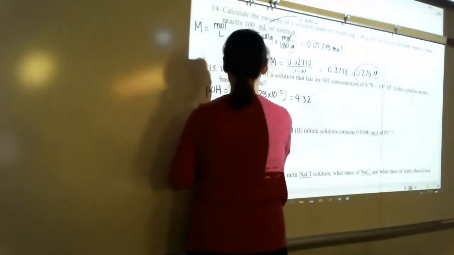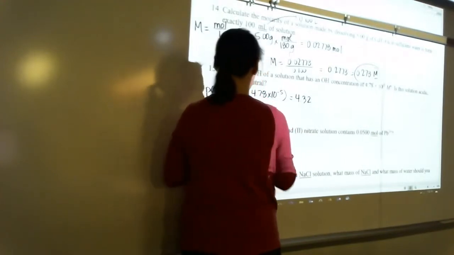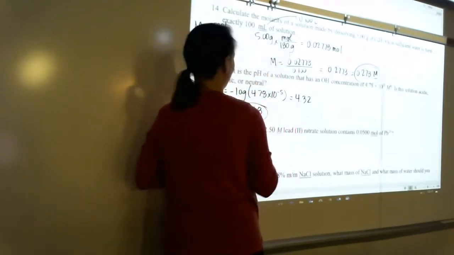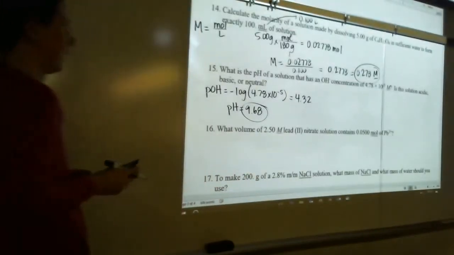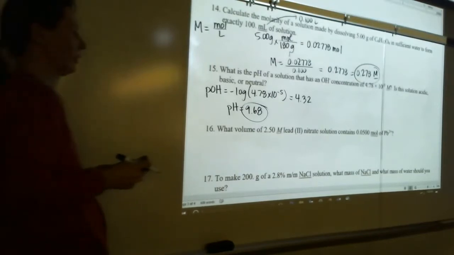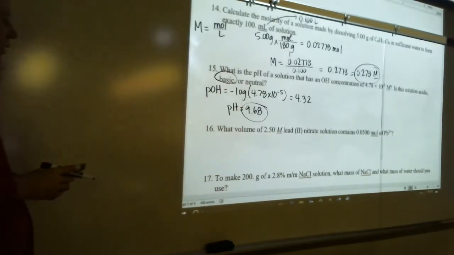So that means the pH is 14 minus 4.32. So that's 9.68. And that's what the problem was asking for. Is that acidic, basic, or neutral? That would be basic. Questions on 15.